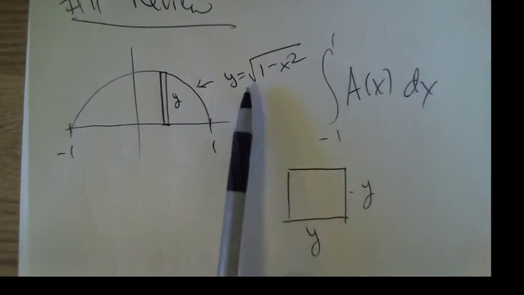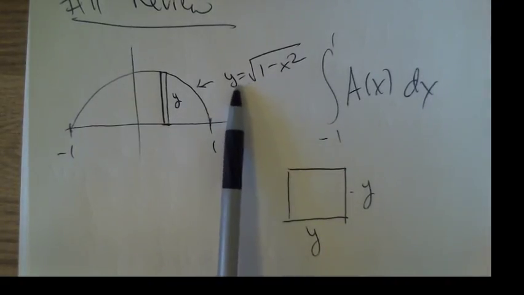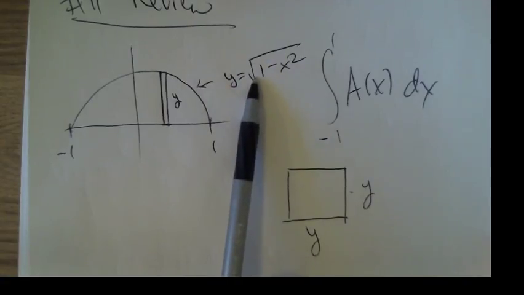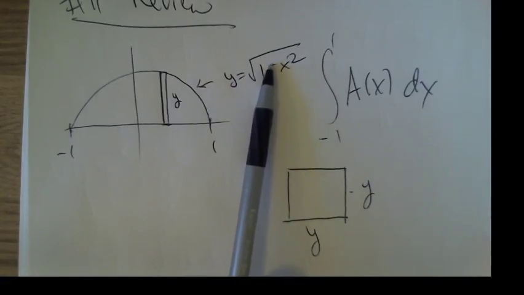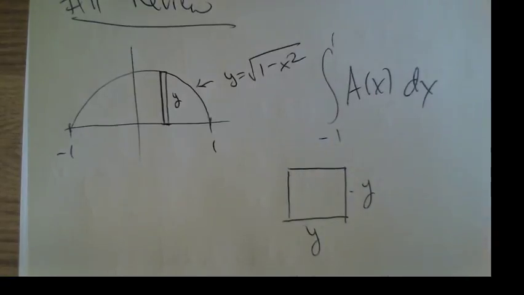Because of the equation. Right? So this is the equation of a half circle, and this is telling me the radius, so it's a radius 1.